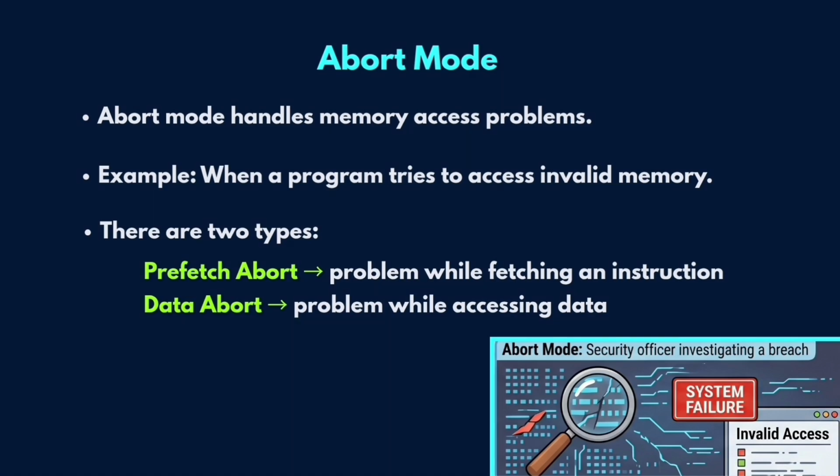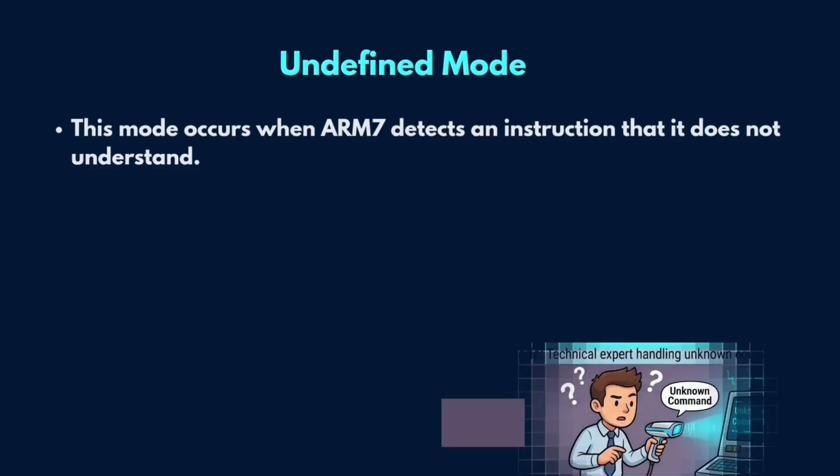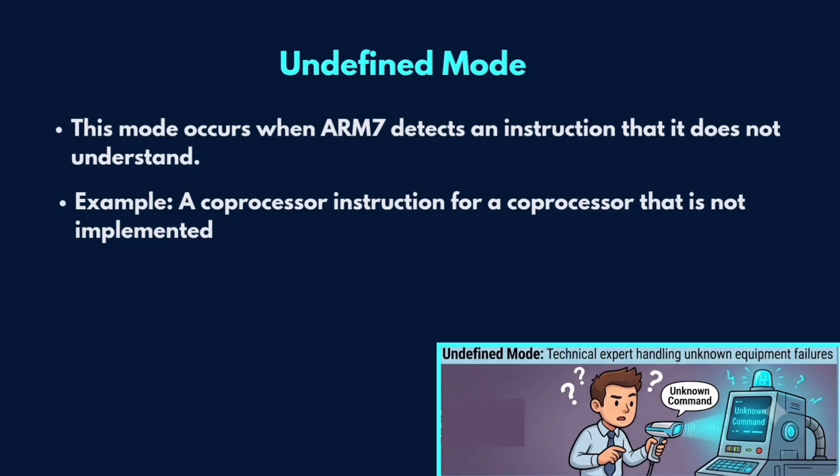And abort mode has these banked registers, that is R13, R14 and SPSR. Undefined mode. This mode occurs when ARM7 detects an instruction that it does not understand. For example, executing an unsupported instruction. It uses R13, R14 and SPSR banked registers.